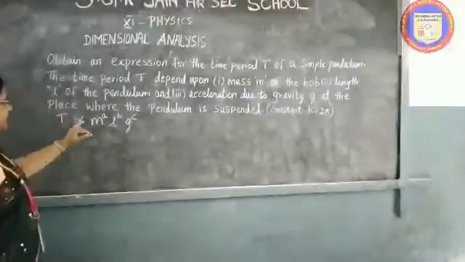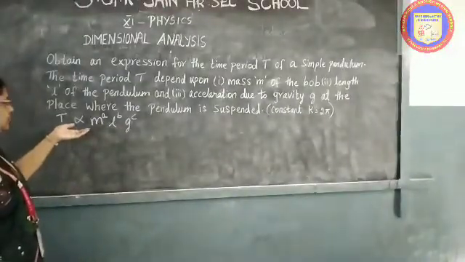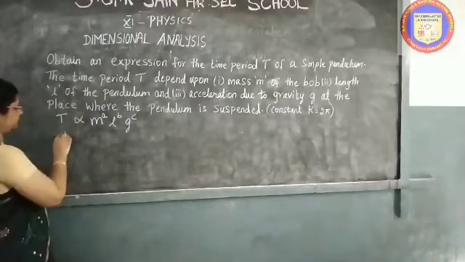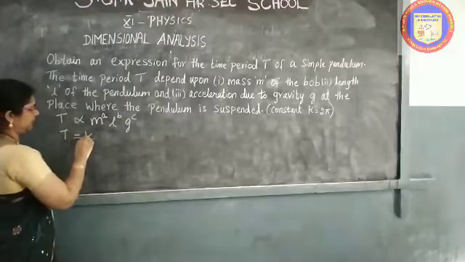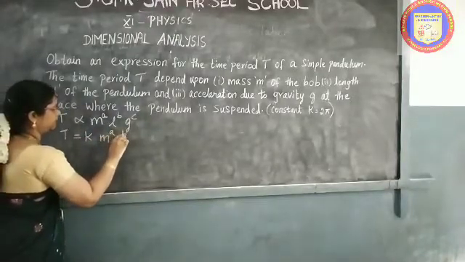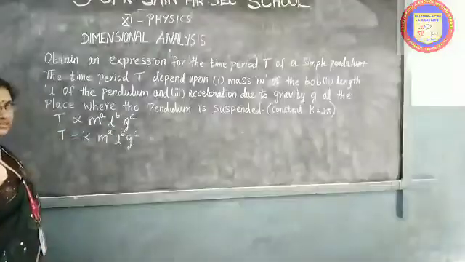So first I write this equation. Now the second step, we have to remove the proportionality and introduce a constant k. So T is equal to k m power a l power b g power c. I have introduced a constant here.